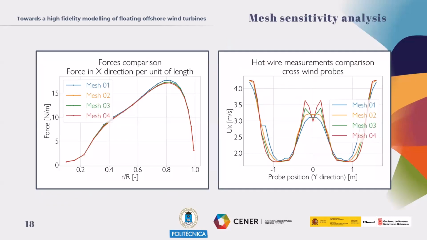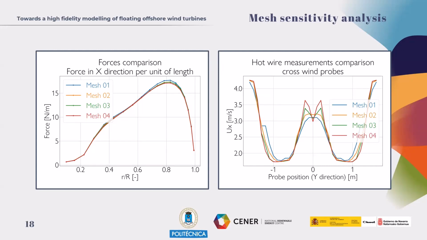What we are going to compare now is the force distribution in the x direction of the blade, which is responsible for the thrust of the wind turbine, which will make the floater move backwards and forwards. And also we will compare the wind speed at those points that I told you before.